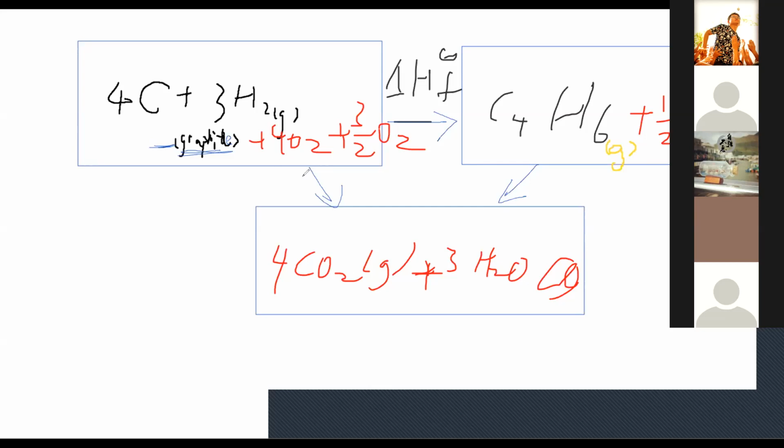So the remaining is to fill in the labeling of those 2 arrows. What is that? So what is that?